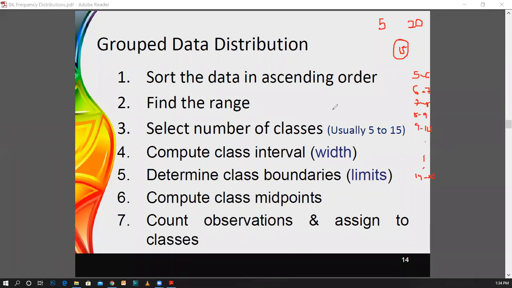What you can do is identify the range first. By seeing the range here, you can see that the range is equal to 15, maximum minus minimum. Therefore, you can define the class number as 5. It is quite enough to have 5 classes if you have a small range like this. According to the situation, you have to define the classes.